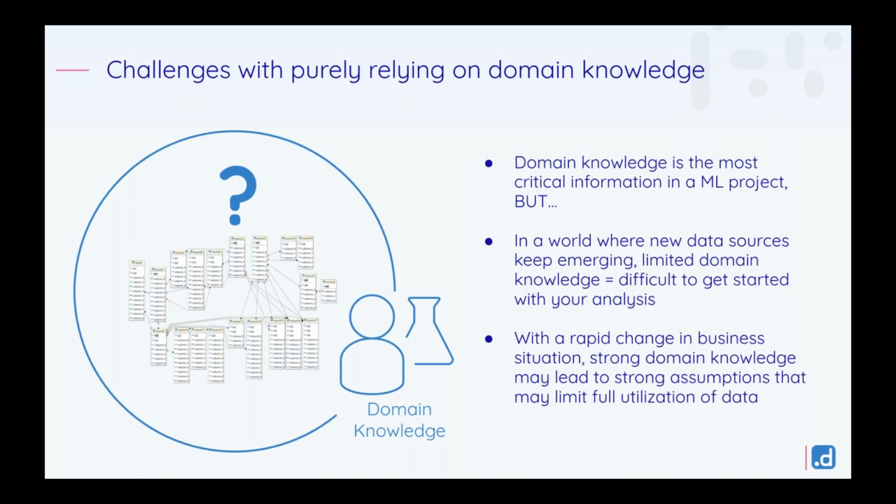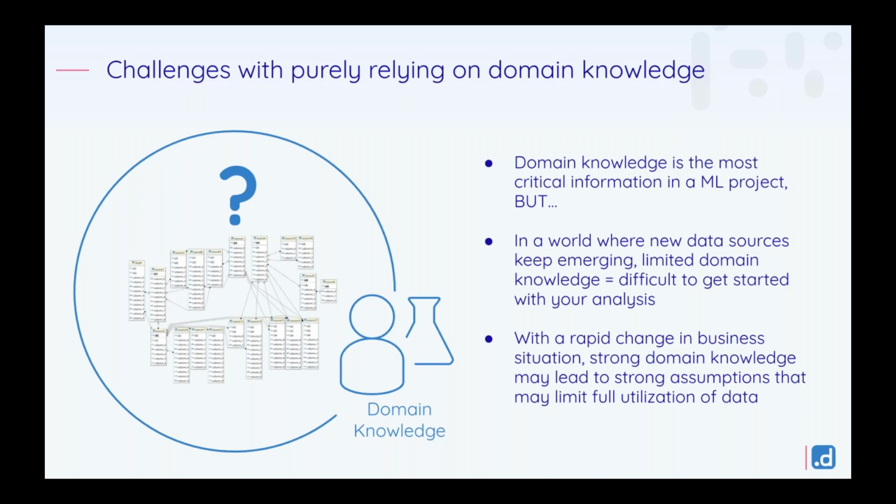In that situation, how do we get started? Do we really have time to go through all those iterations in order for us to understand those new data sources? That's one challenge, obviously.